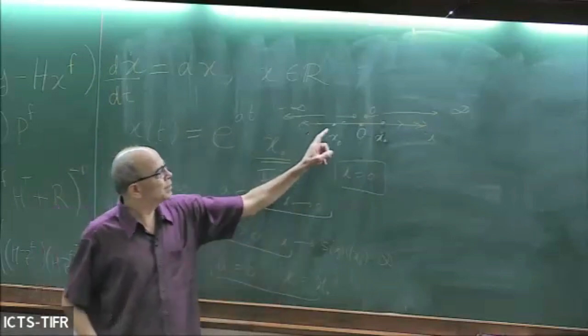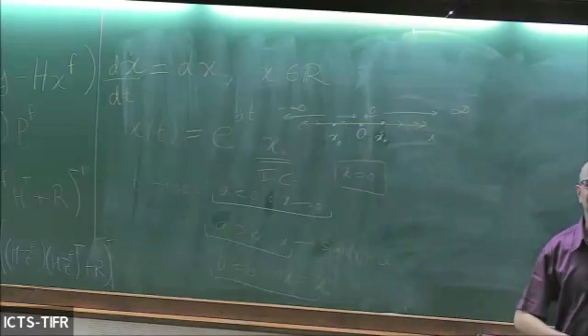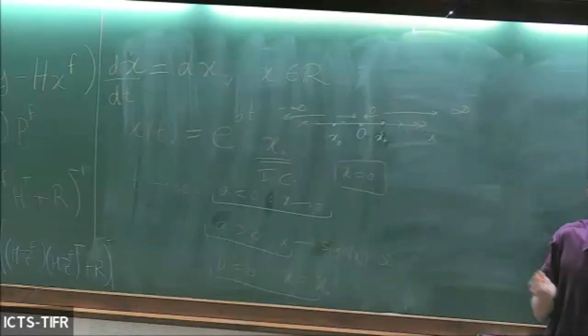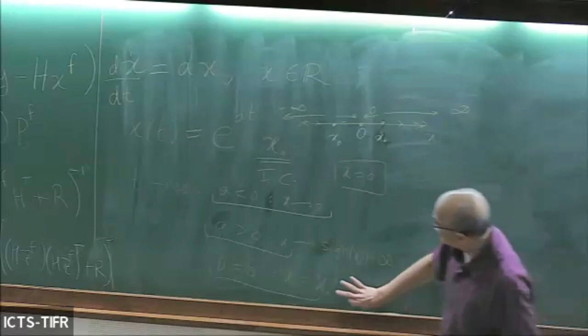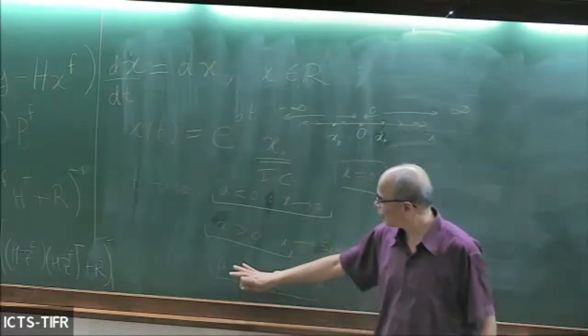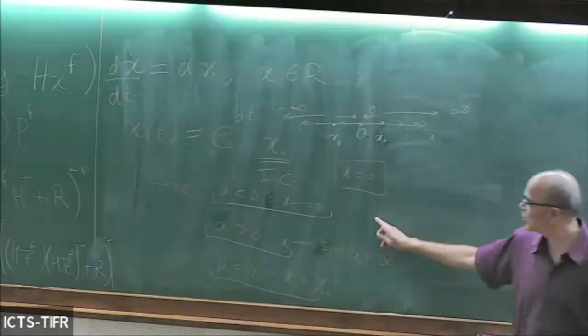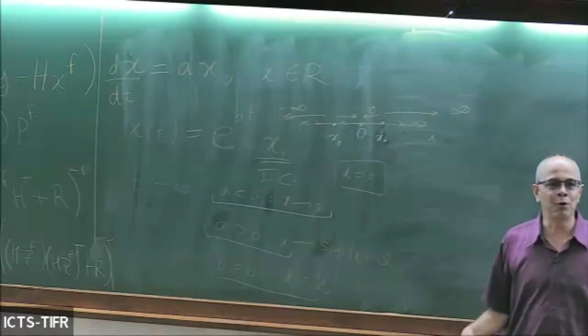So each ensemble member will just stay where it is. It's not changing. So in fact, the sample covariance will be constant as well. Okay, so that's a trivial case. The borderline cases are something that usually never happen in practice, so we'll not really discuss them. So it's either stable or unstable. Those are the two important things.